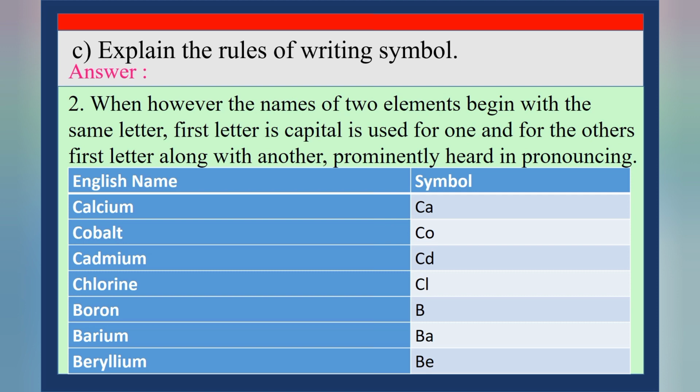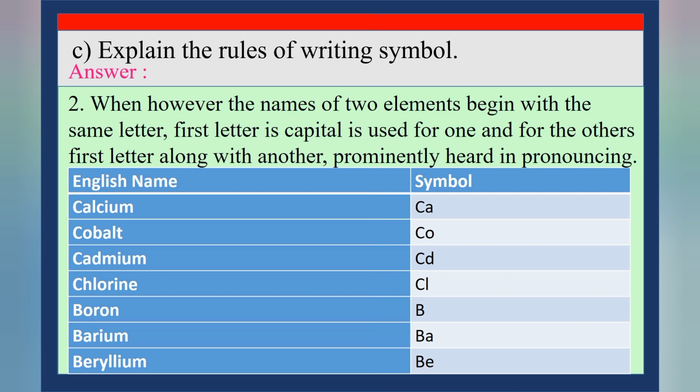Okay, so here for calcium Ca is the symbol, where for cobalt Co is the symbol. Again for cadmium Cd is the symbol. Why? Because in cadmium, C and D are very prominent. For chlorine it's Cl.